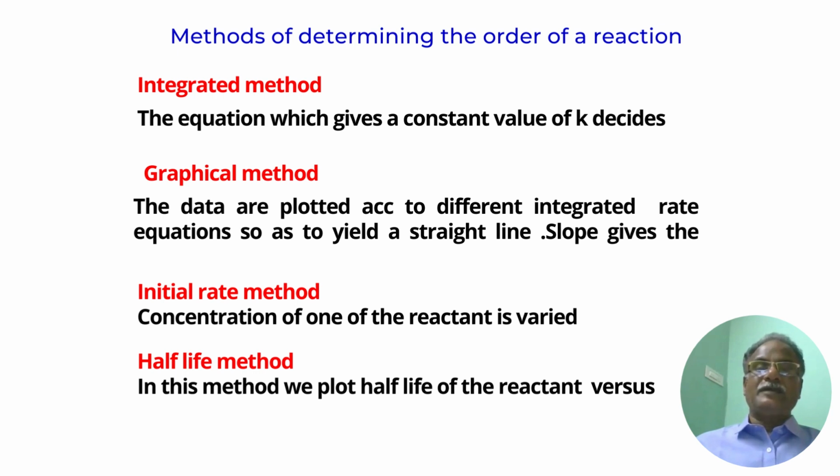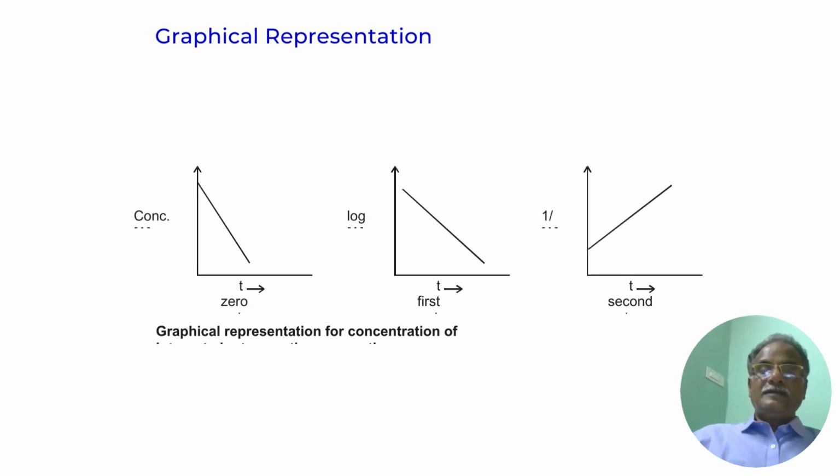This is said to be the initial rate method. Half-life method. In this method, we plot half-life of the reactant versus concentration of the reactant. These are graphical representations for concentrations of integrated rate equations versus time.